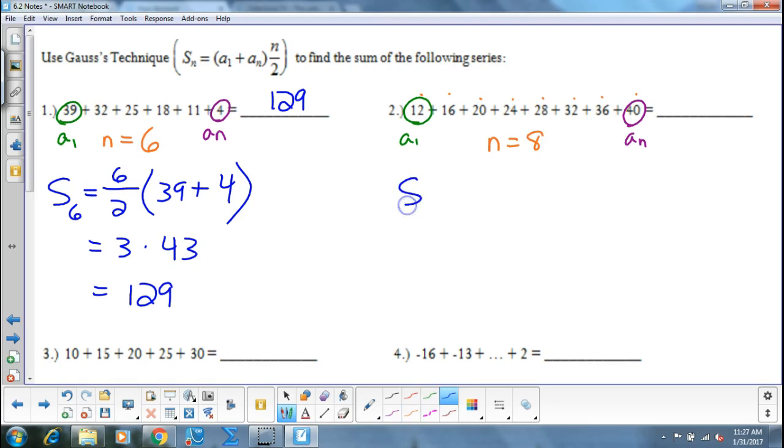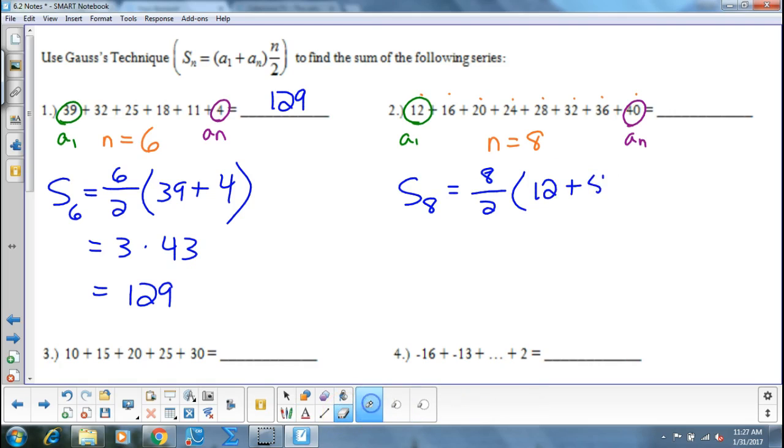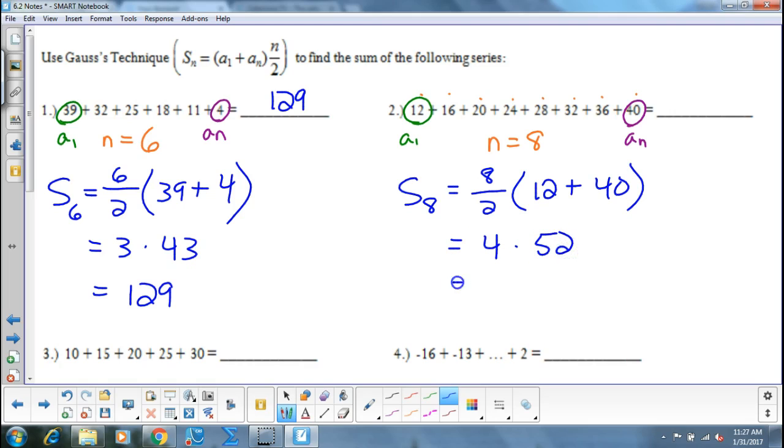So S sub 8 then is going to be 8 divided by 2 times 12 plus 40. So that's going to be 4 times 52, which is 208 for number 2. Agree? Okay.